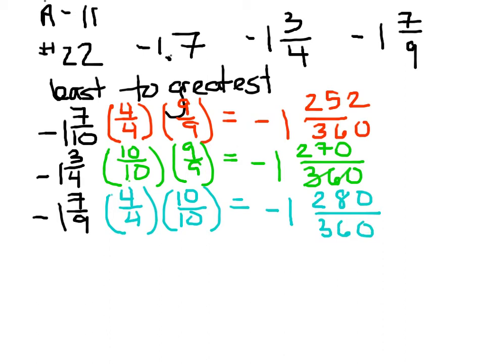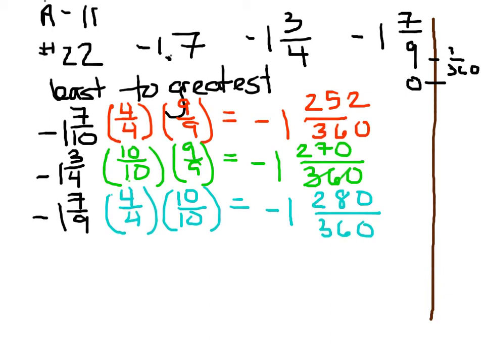So let's go ahead and draw a number line. So here we go. Here's our number line coming all the way down the side here. And if I just call some spot arbitrarily 0, I know that this is going to be 1/360.